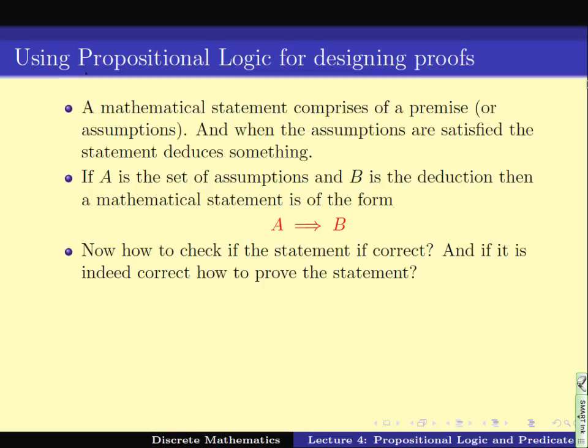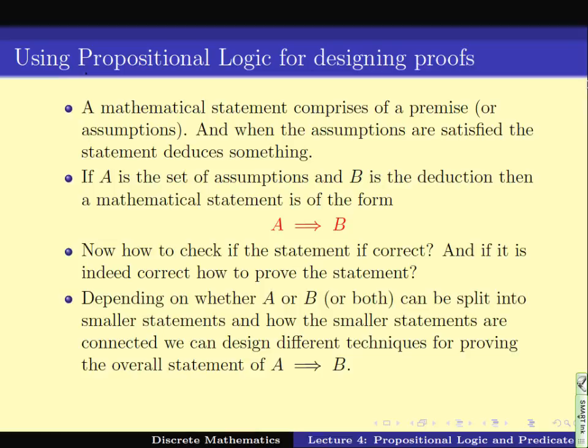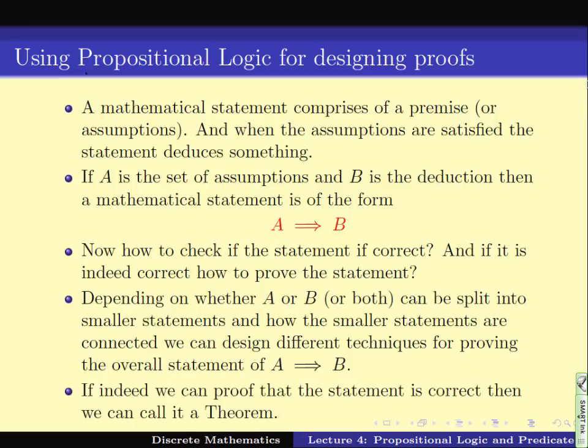Namely, if A implies B is indeed true, then we have to prove that. If indeed we can somehow prove A implies B, then we can call it a theorem.